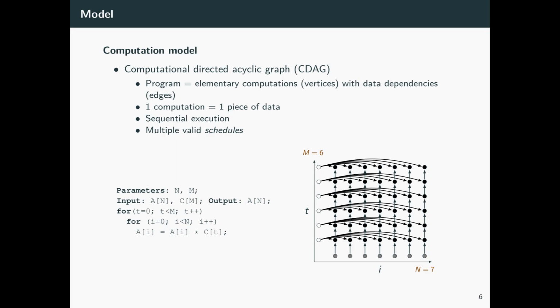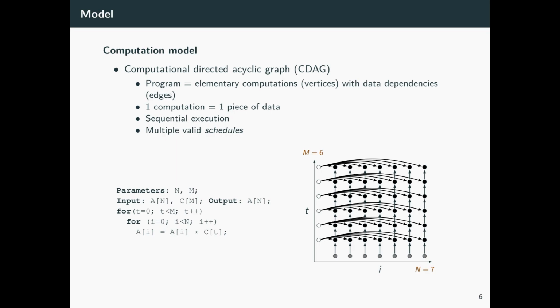So IOLB does proofs, so we need an abstract representation of programs, and this representation is a graph called the CDAG, the Computational Directed Acyclic Graph. In this representation, vertices are computations of the programs, and edges represent the data flow of the program.